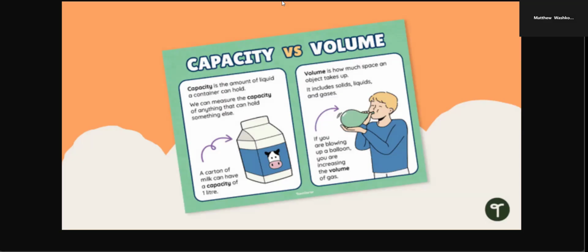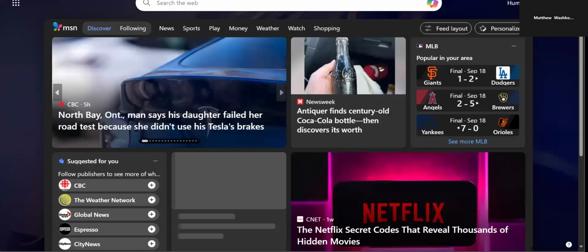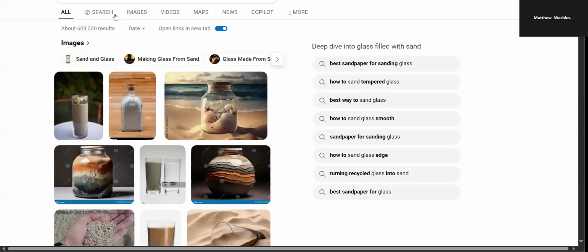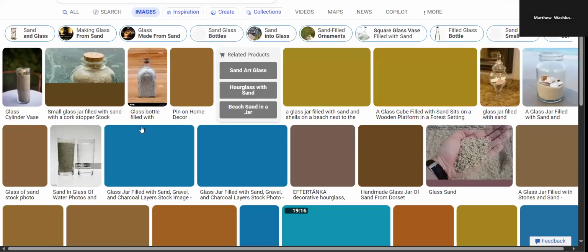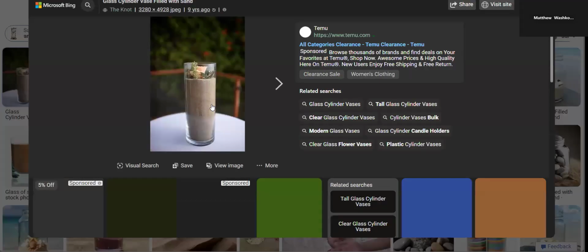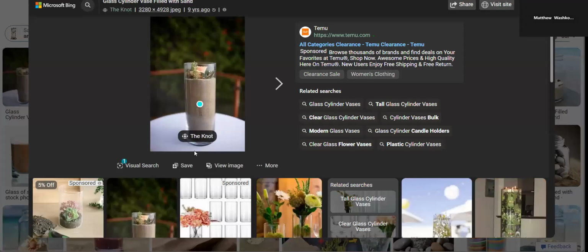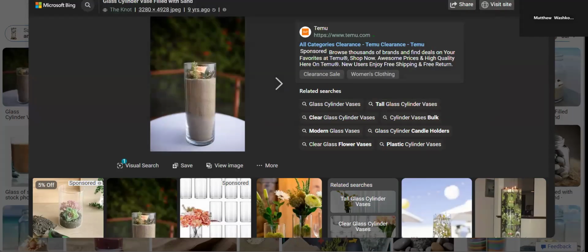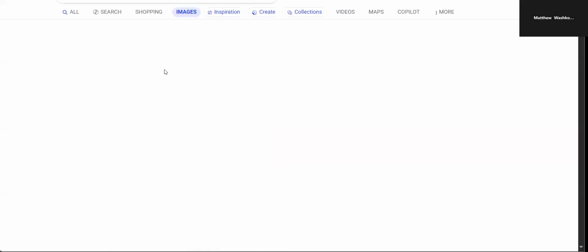One way to think about this is, if I fill a glass with sand, I'm filling it not with a liquid, right? There's a volume amount in here. Maybe this is 600 cubic centimeters. I measure it with a distance. Whereas if I were to fill a glass with milk, I'm filling it with a liquid.